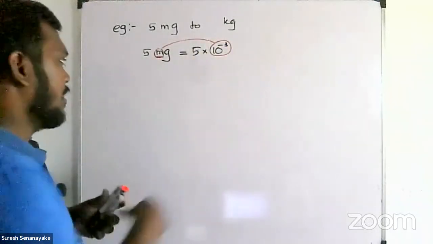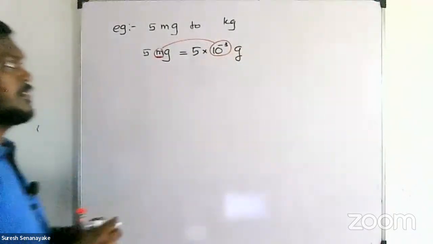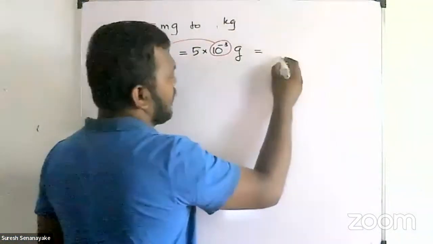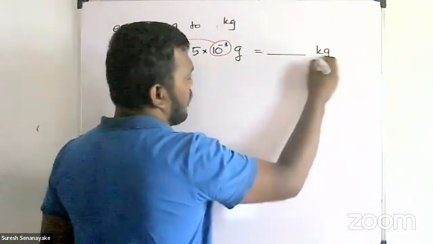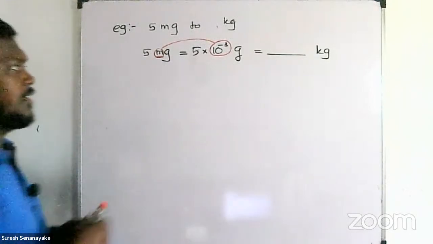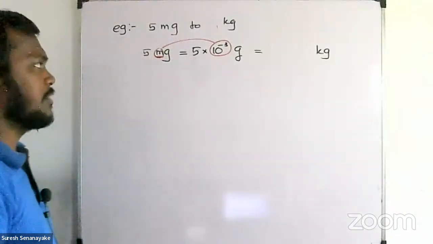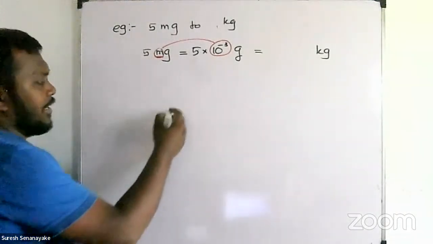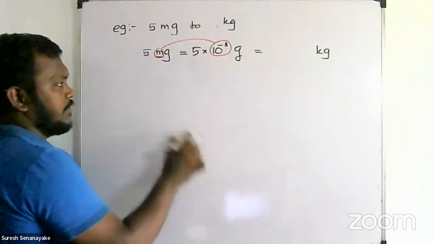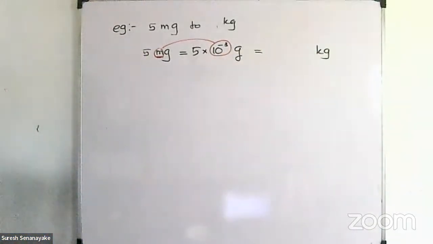So it is in grams. Now we need to convert it to kilograms. Then there's a space, and that's kilo. Kilo is 10 to the 3. Then this 1 gram, converting gram to kilogram, you need to do that process also.